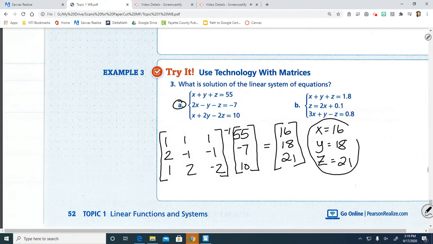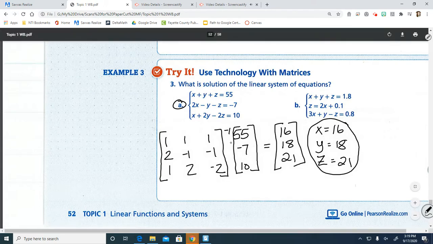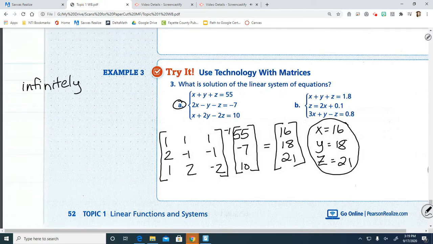Isn't that amazing? It's so much faster than what we did for example 3. So that's awesome. Use matrices to solve systems from now until whenever you don't want to anymore. You can always use matrices, except if the solution to the system is either infinitely many or no solution.